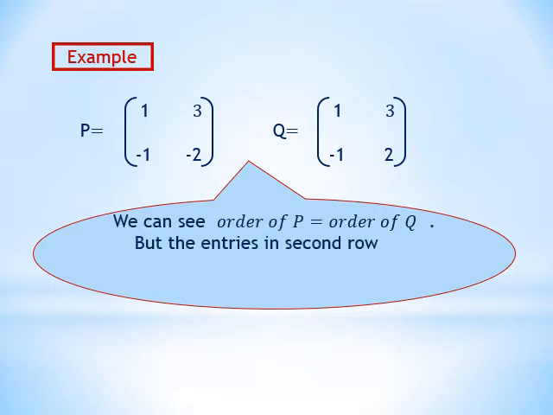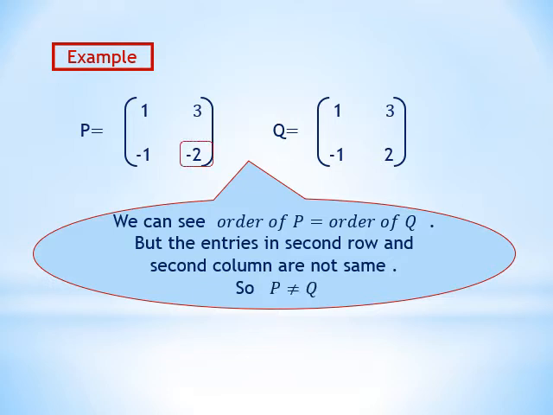So order of P is equal to order of Q. But the entries in second row and second column are not the same. This negative 2 is not equal to this 2. Both are corresponding entries but not the same. So P is not equal to Q.